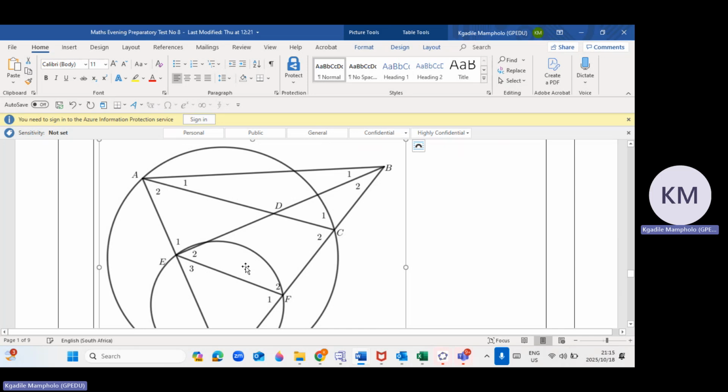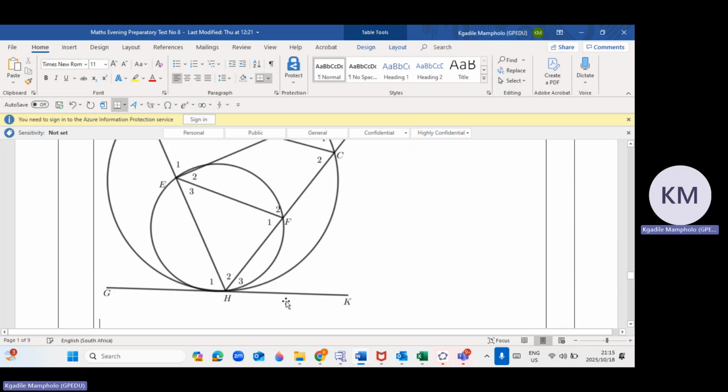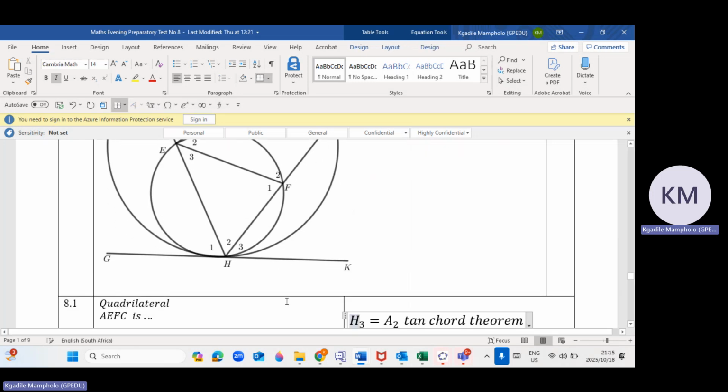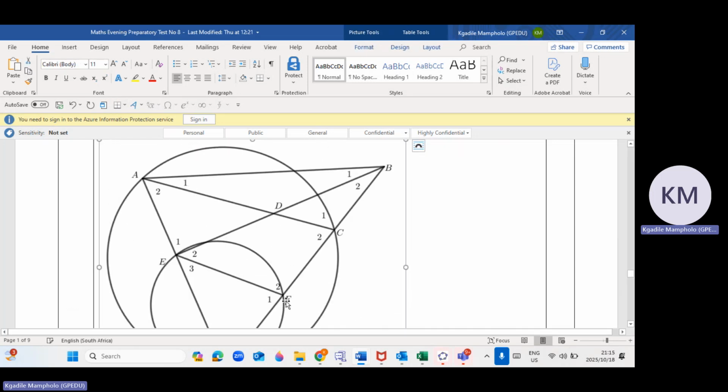Now, if they both equal H3, it means A2 equals E3, because they're both equal to H3. Now, if A2 equals E3, therefore AC is parallel to EF. The reason is that the corresponding angles are equal.